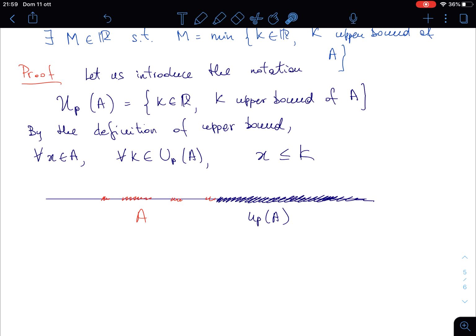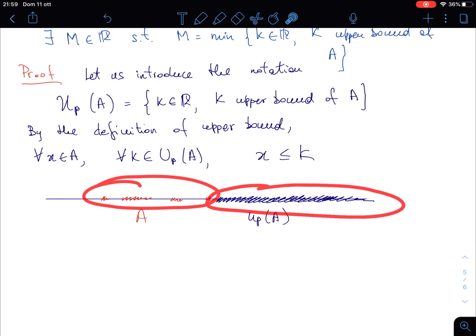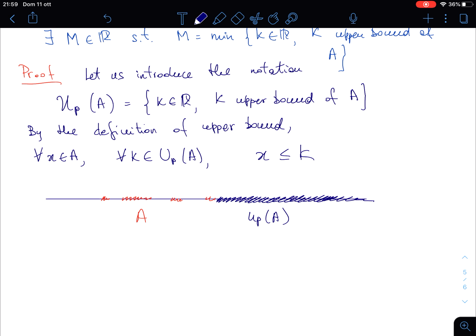The set A is completely on the left-hand side of the upper bounds of A. So there are two sets, one on the left of the other. And now we use the Dedekind axiom, the notion of completeness of the reals.